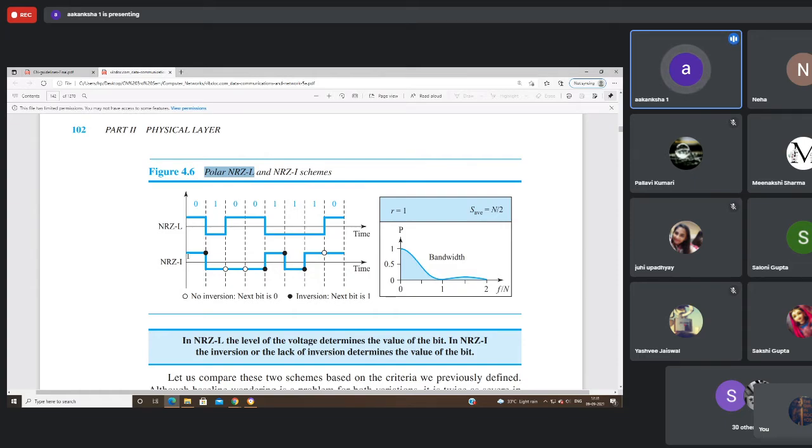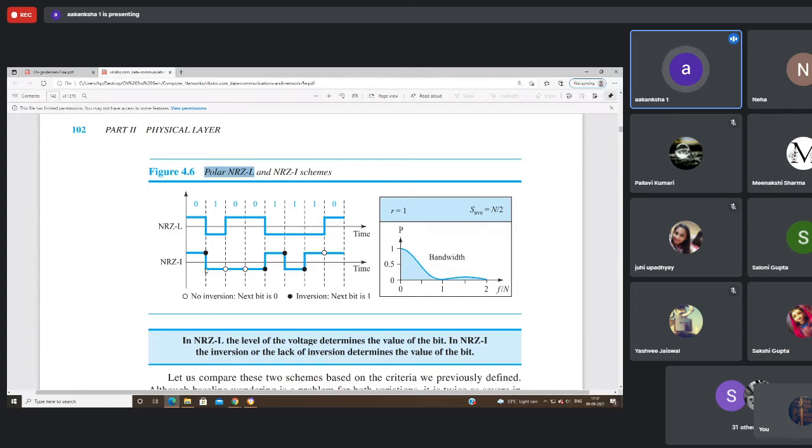So whatever is the current voltage level according to the previous bit, if the next bit is 1, we will do a transition from that voltage level to the other level. But if the next bit is 0, we'll not do a transition. Got the point? Suppose I started with 0 as a high, positive level, and now my next bit is 1. I'll do a transition from positive to negative.